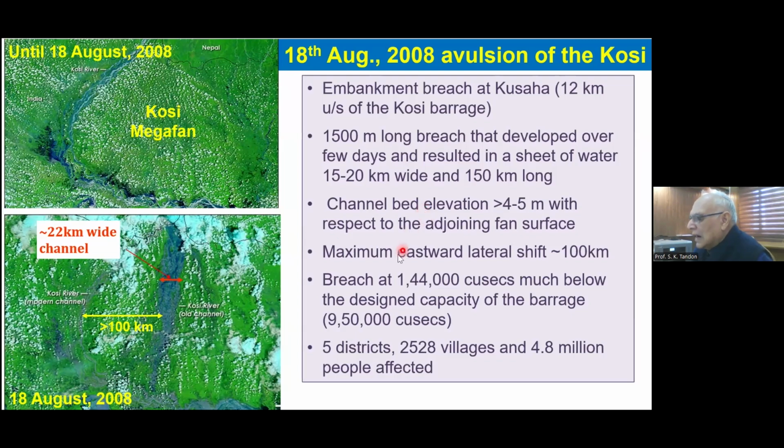The maximum eastward lateral shift was about 100 kilometers. The breach took place because of the failure of the embankment and had nothing to do with the barrage, which had a much higher design capacity. 5 districts, 2,500 villages, and 4.8 million people were affected.